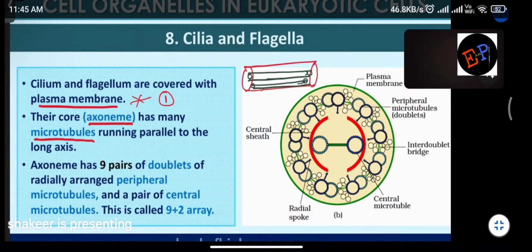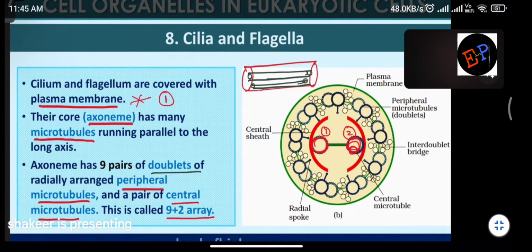So the axoneme has 9 pairs of doublets of radially arranged peripheral microtubules and a pair of central tubules. This is called the 9 plus 2 array. Are you able to understand, ma? In the figure you can see these are the two central microtubules. Surrounding them we have 9 pairs of tubules. 9 pairs means totally how many? 18 tubules are present.